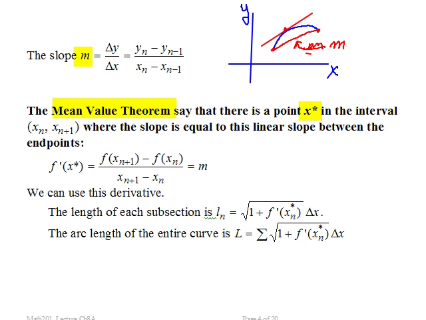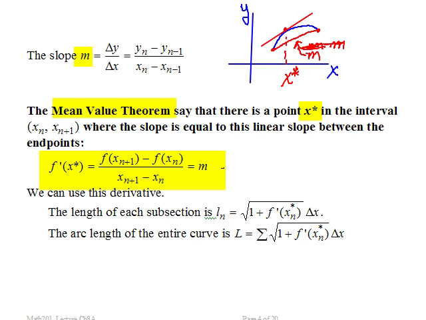So this is m right here, the average slope, and somewhere at some x star, the derivative equals m. Now, instead of trying to calculate slopes of little sections, we're back to looking at the derivative of the function f itself, which is the function we were trying to calculate the arc length for. So this is very handy. Here's our result, and we can substitute this into the expression for the length of each segment.